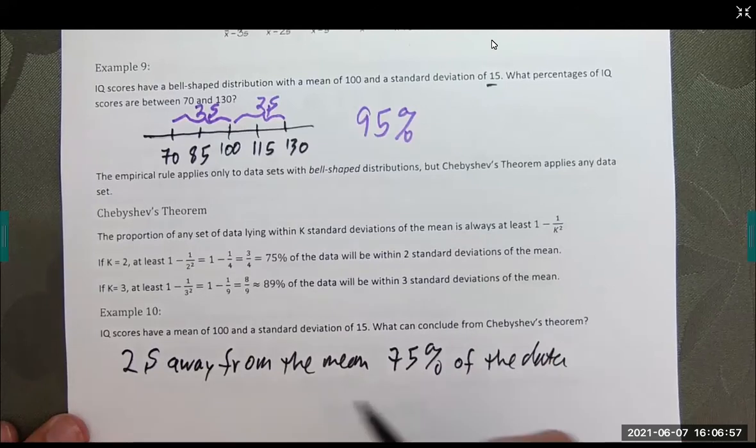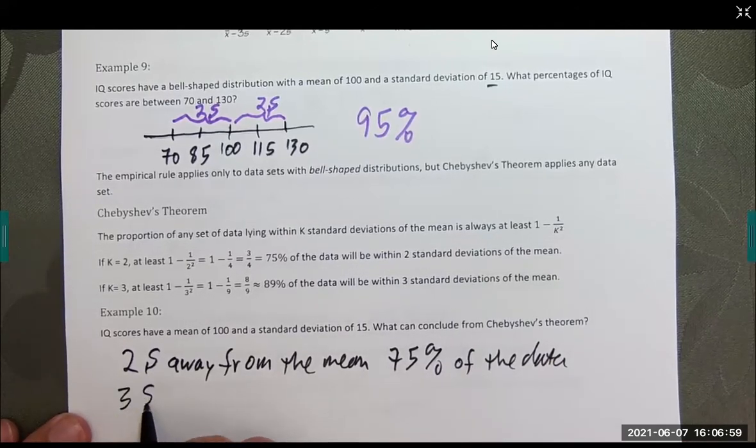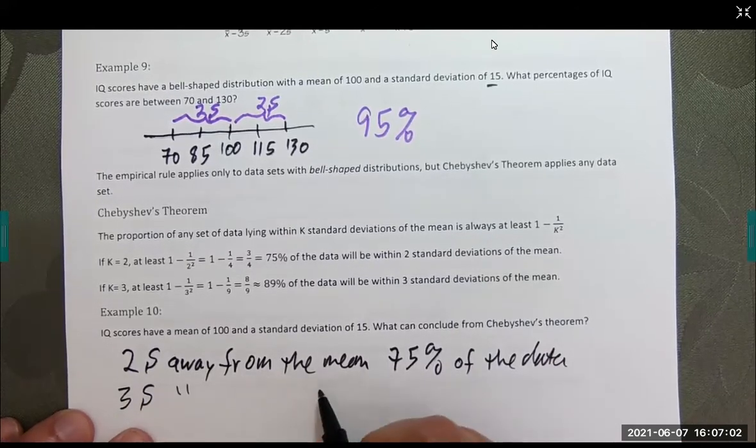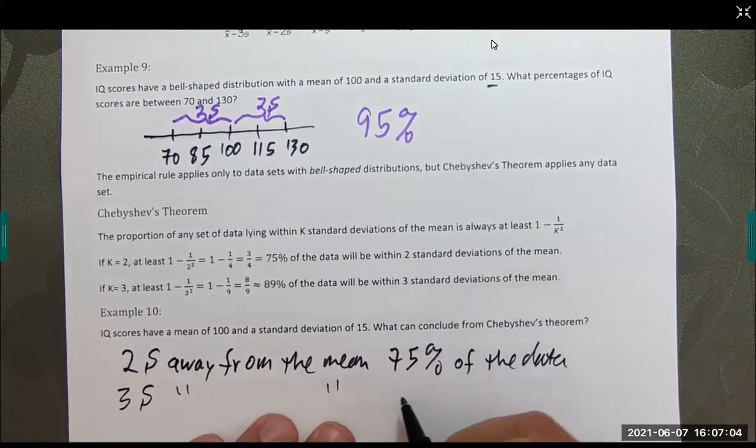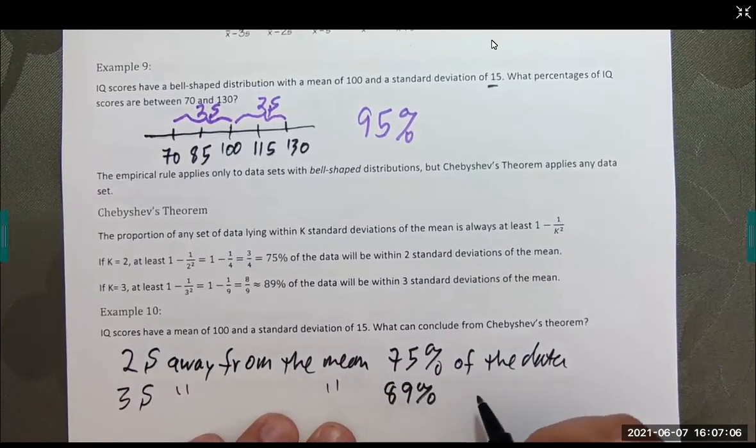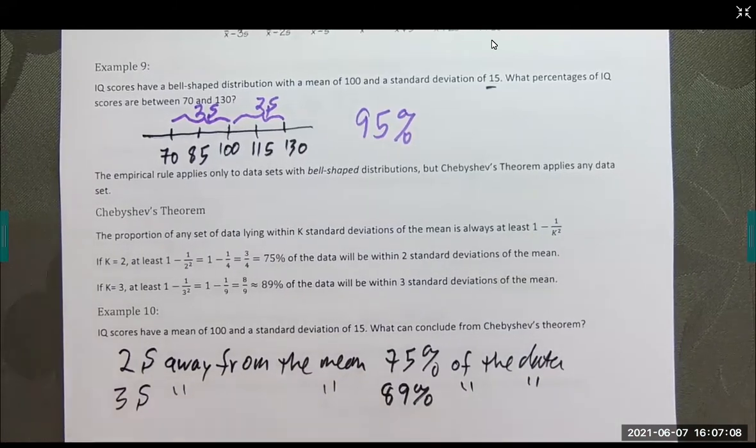And 3 standard deviations away will give us 89% of the data. There you go.